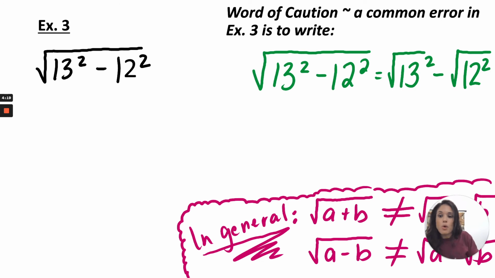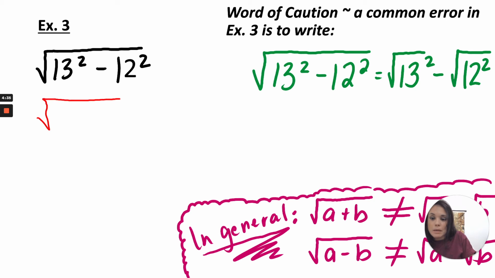Okay, so if we have a square root, it can also be used as a symbol for grouping. So here we have the square root of 13 squared minus 12 squared.